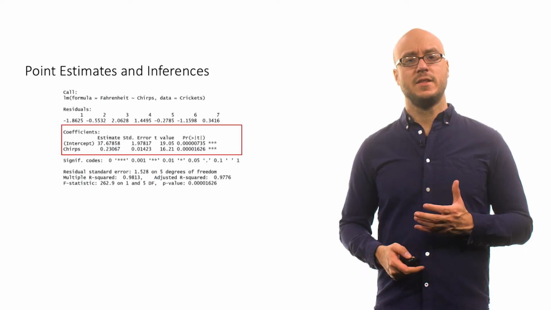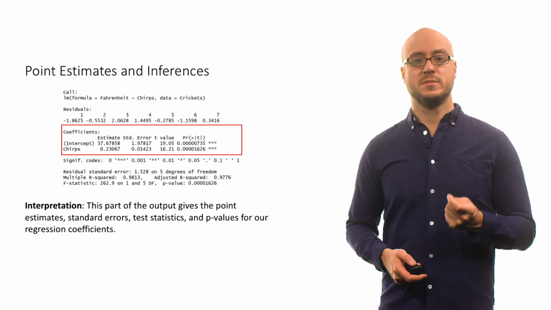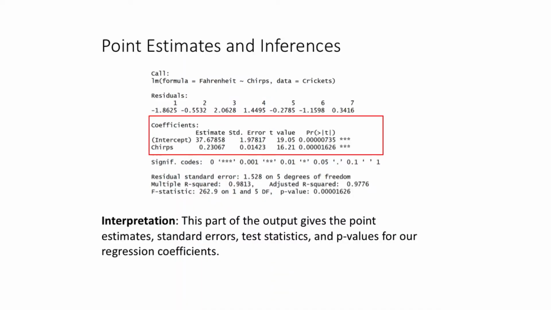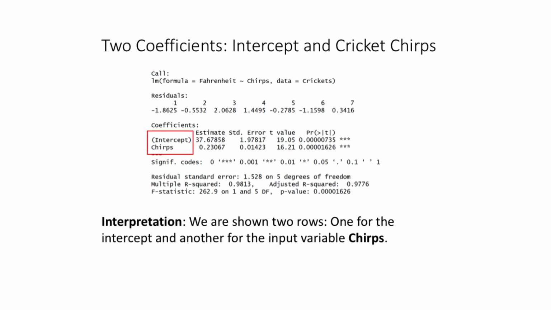Then you can see that we are given the point estimates and interval estimates, or inferences. So here we have the standard errors for each of the coefficients, the test statistics, or t-ratios. We also have p-values for our regression coefficients. So let's look at these 2 coefficients, the intercept and cricket chirps. We're given 2 rows. That first row gives us all the information regarding the intercept, sometimes known as the constant.